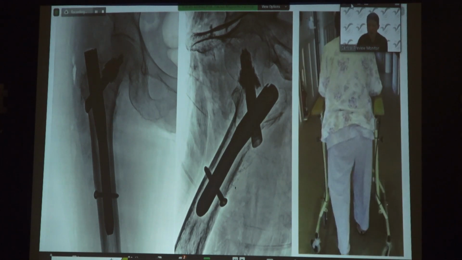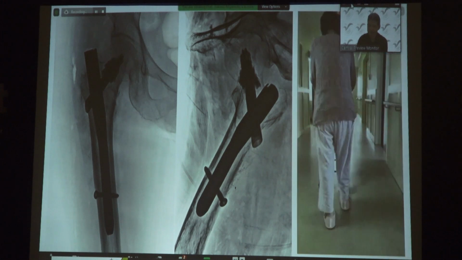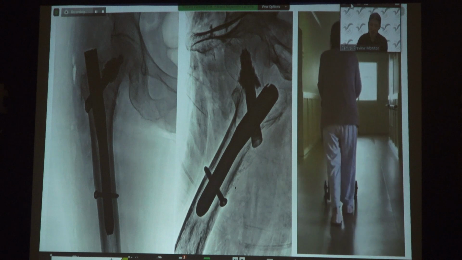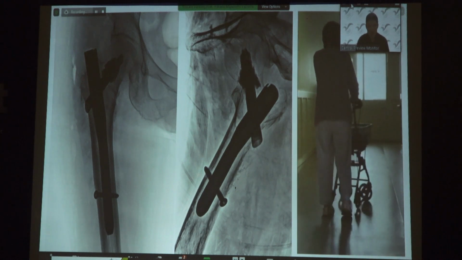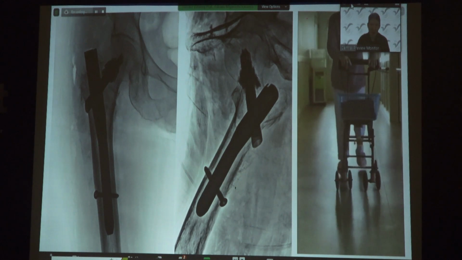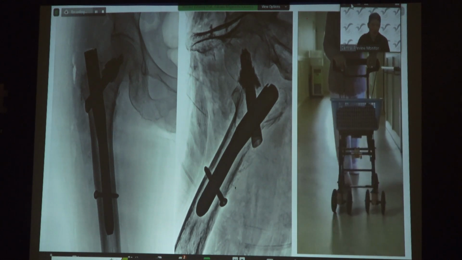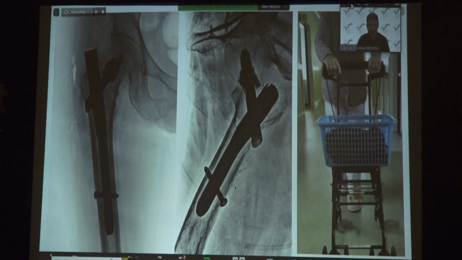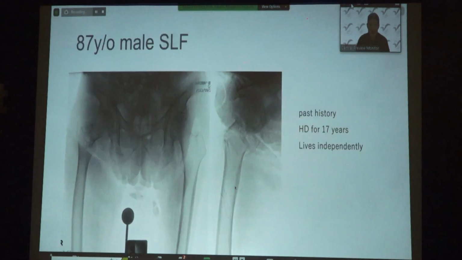This is 2 weeks post-op, and this is at the rehab center at 4 weeks. She was able to walk with a walker and went back home. Surprisingly, there was not much shortening or any fixation problem, in spite of the short blade fixation. So cement augmentation really helps you in this kind of situation.